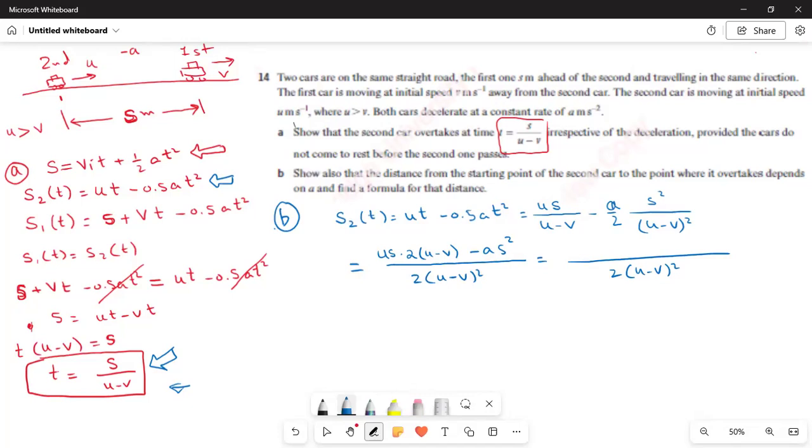And here, when you open this bracket, it's going to be 2 s u squared minus 2 u v s, and minus a s squared. So this is the distance traveled by the second car, or actually the distance at which the second car will overtake the first car. So this is our answer for part B.